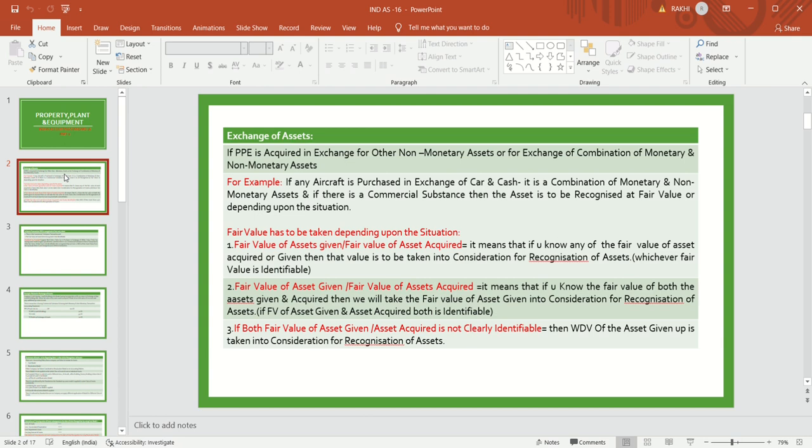It means that if you know the fair value of both the asset given and acquired, then you will take the fair value of the asset given into consideration for recognition of assets.